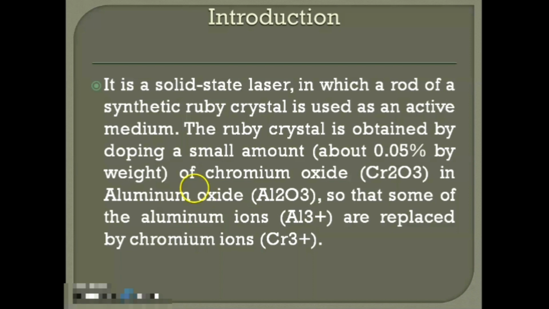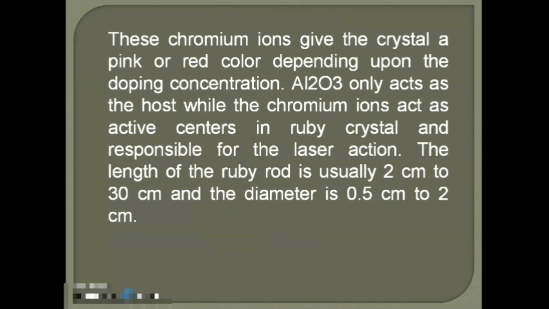These chromium ions are known as active ions and the aluminum ions are known as passive ions.